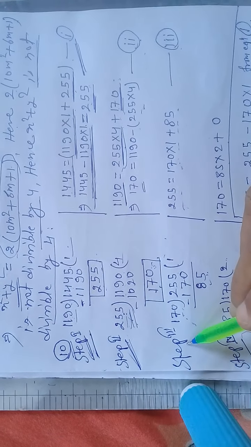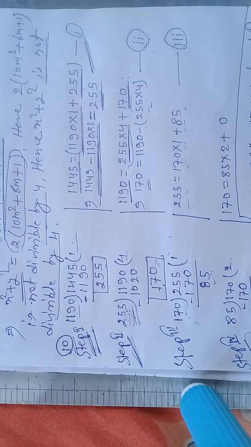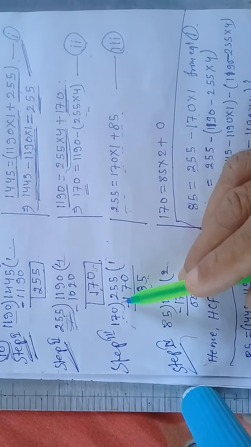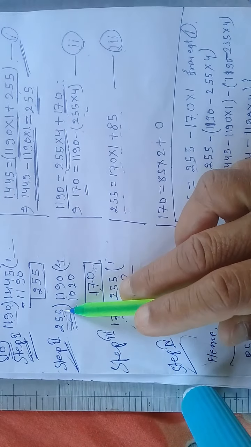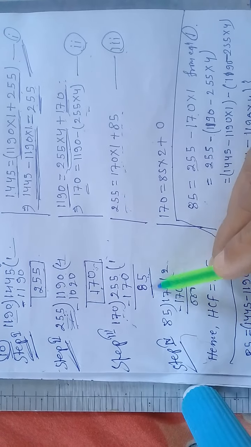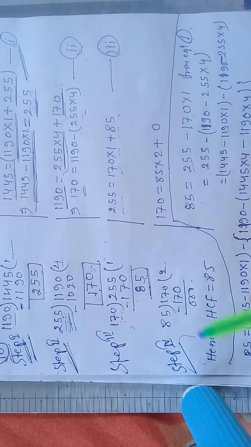In step 3, the remainder is not equal to 0. It means the remainder 170 divides the divisor 255. In 1 time we get remainder 85. This remainder is not 0 but less than divisor 170.